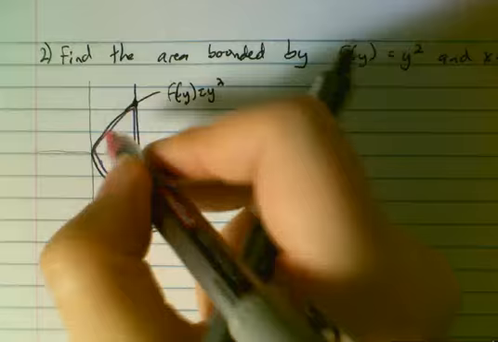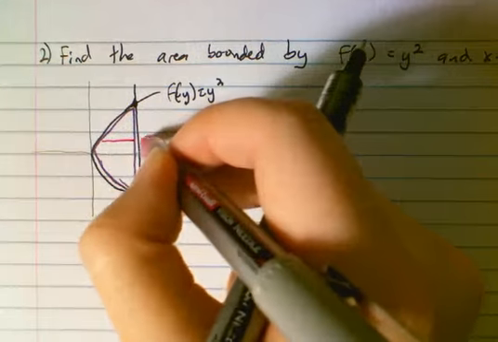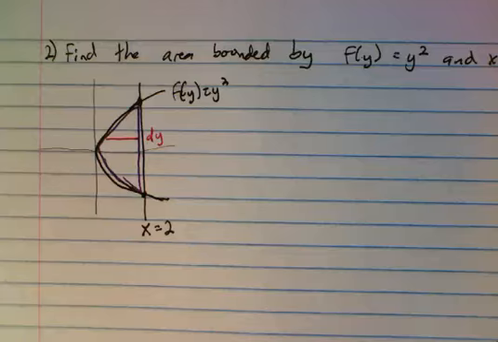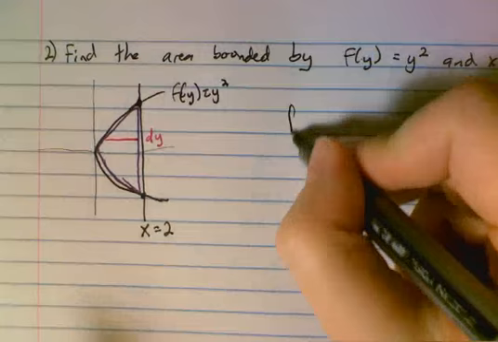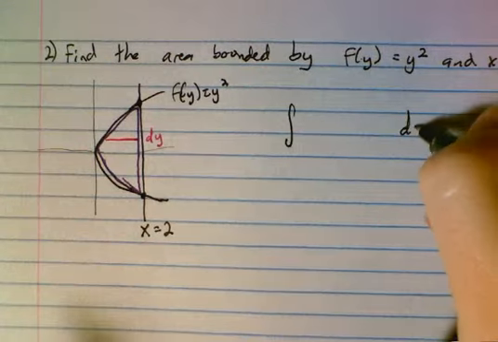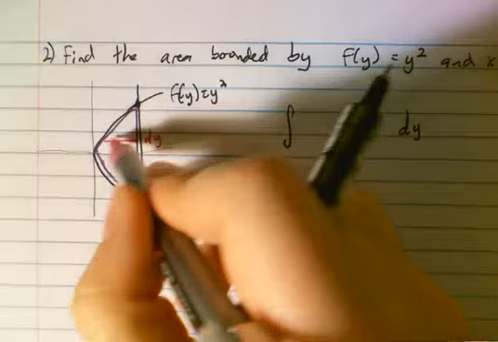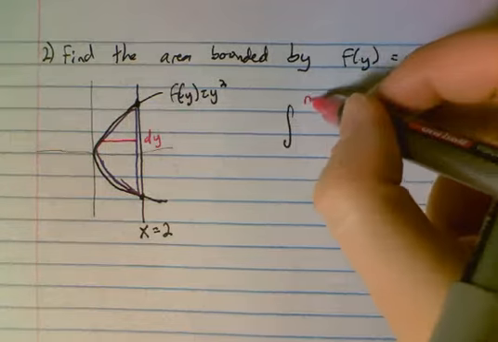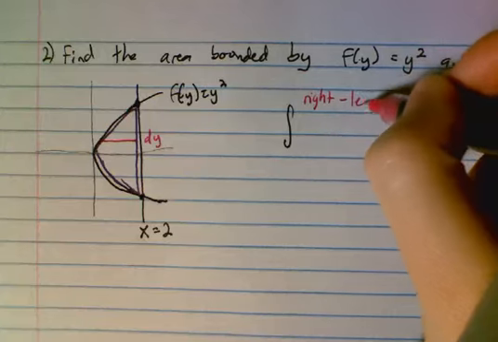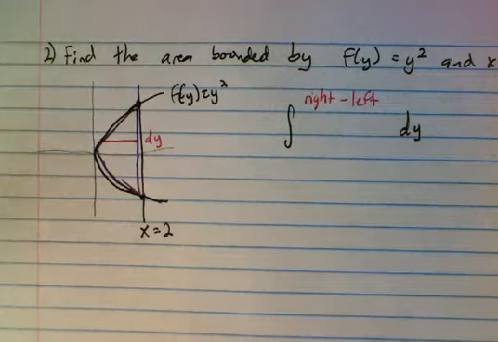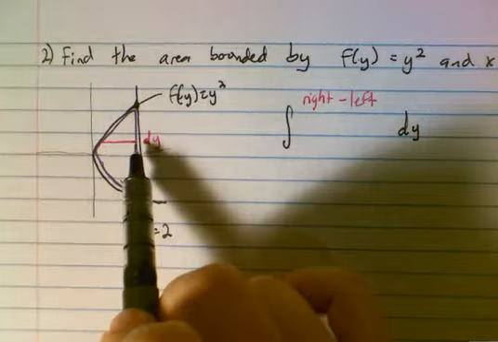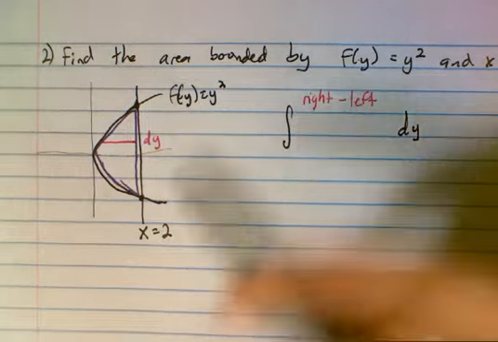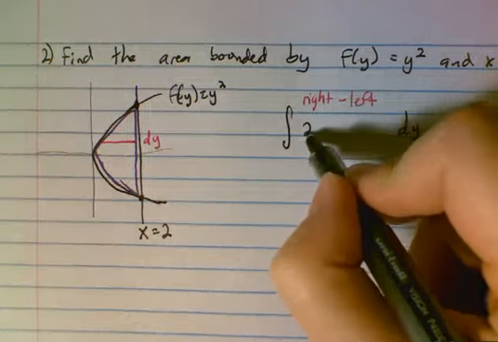And we're doing horizontal rectangles, so that means our width is dy. So we're going to have the integral with respect to dy, and that means this height is going to be the right function minus the left one. And we can see that what's on the right is this x equals 2, so our number is just 2.